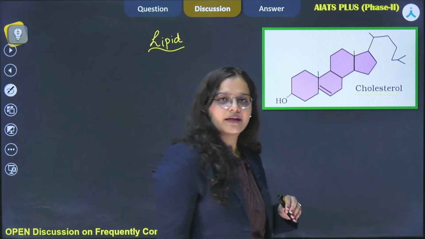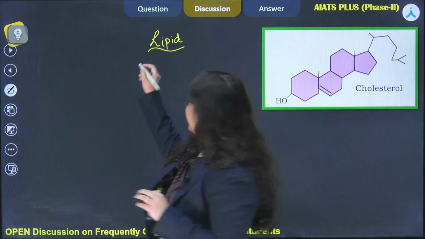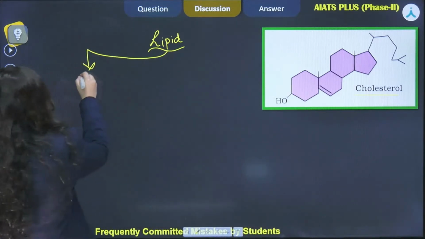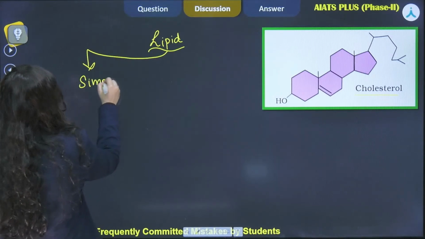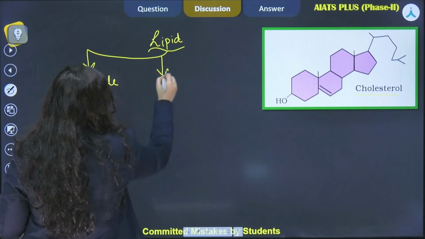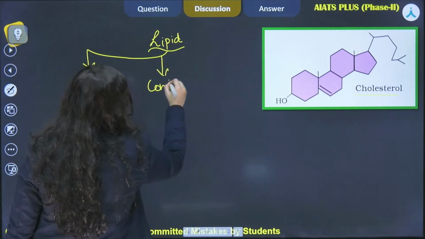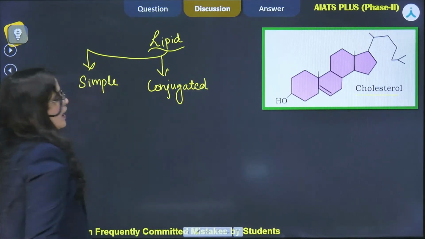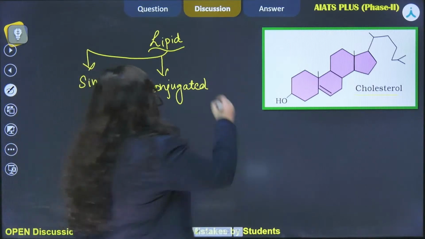So we know that there are different types of lipids, and they are categorized as simple lipids, then we have the conjugated lipids, and then we have the derived lipids.